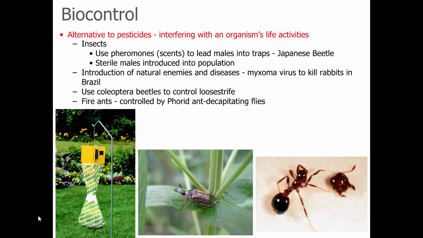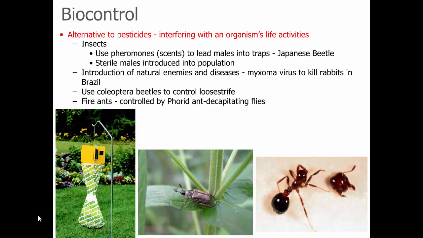They're treated with pheromones, chemicals that insects use to communicate with each other, chemicals that attract insects to find mates. And so by putting these pheromones on the trap, that attracts these Japanese beetles, and they get stuck in the bottom here. This whole thing fills up with all these beetles, kind of gross. So that's one way, using pheromones to trap.